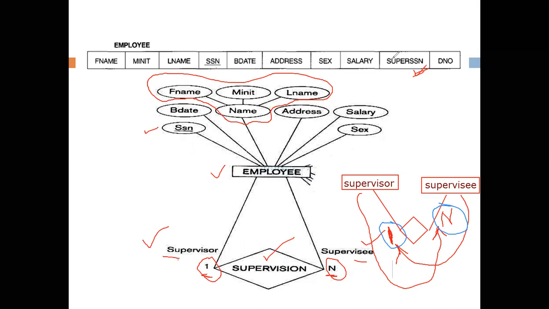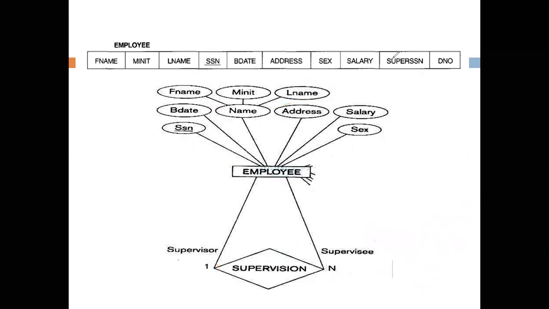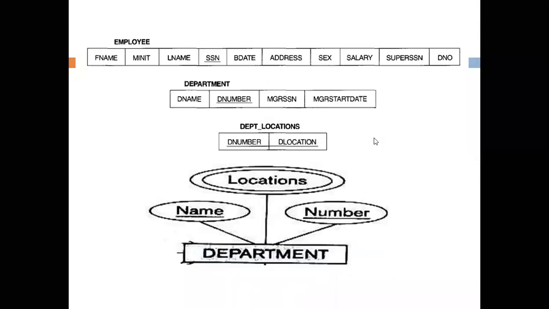Next, let us write for the department table. In the department table, the various attributes are department name and department number.